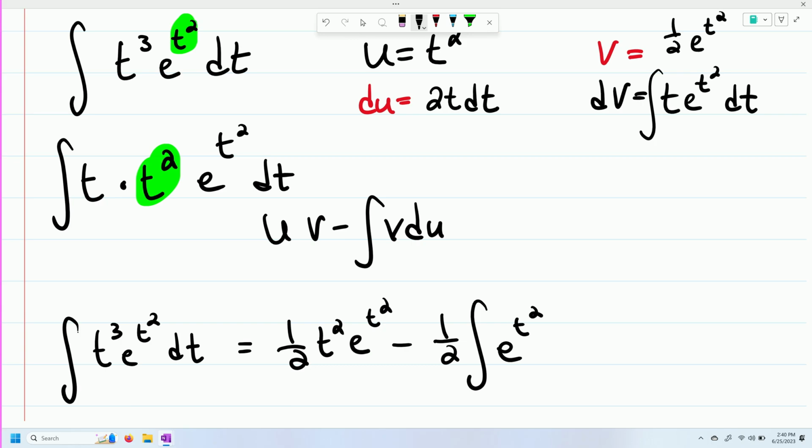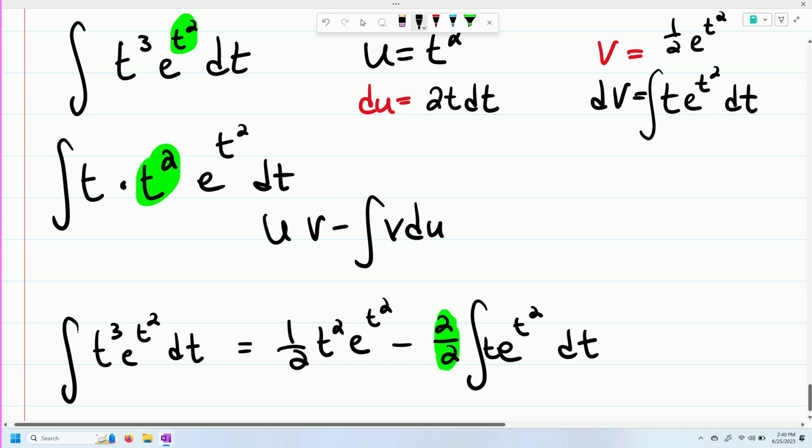Now, I'm going to pull that 2 out front, so this is going to be not 1/2 anymore, but really 2/2 t dt. And that 2/2 right here simplifies down into just 1. So there it is right there.